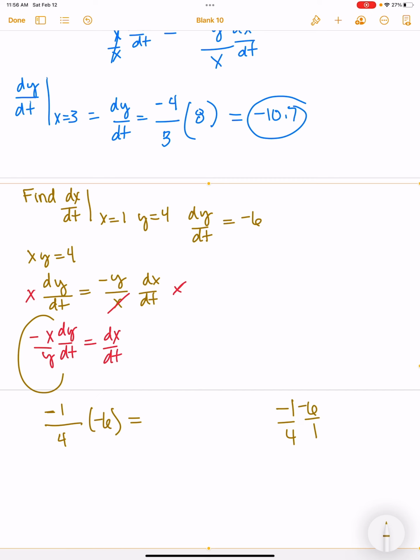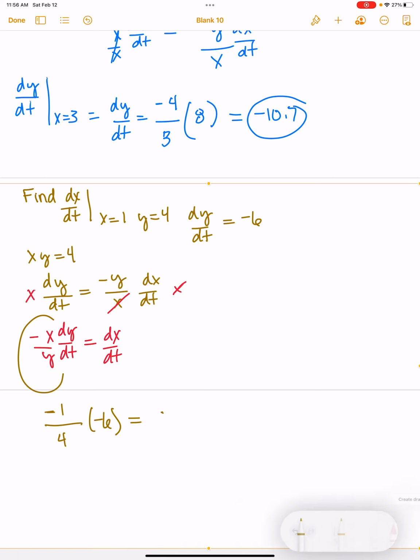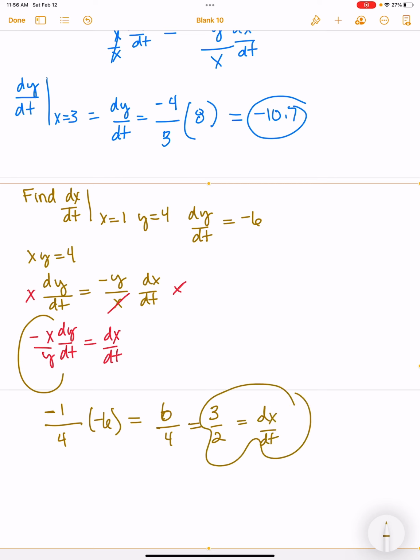That -6 is considered to be in the numerator, right? So we can just easily go 6 over 4, which we can further simplify into 3 over 2, and that is what our dx/dt is at this moment in time.